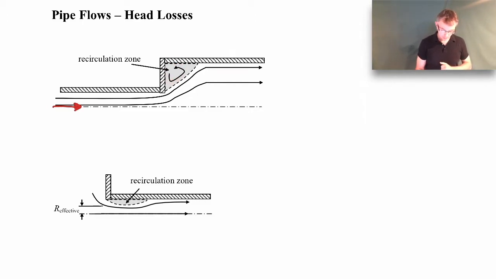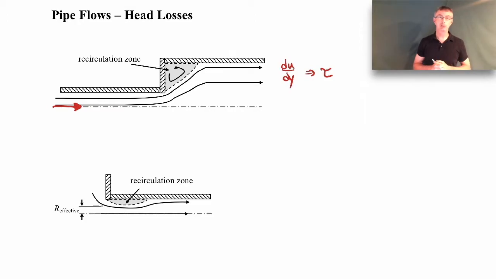Now, in this recirculation zone, the fluid is kind of swirling around, right? And if you think about the velocity gradients, as you cut through here, there are going to be some large velocity gradients. Velocity gradient is just how the fluid velocity changes with respect to position. That's what a gradient is. Because you have large velocity gradients, like a du/dy kind of term, it means you're going to have large shear stresses occurring in there.